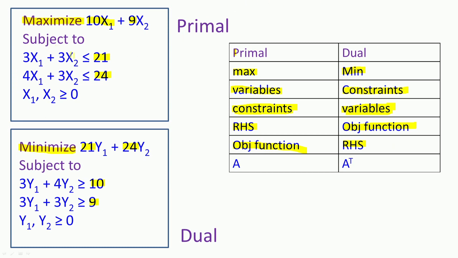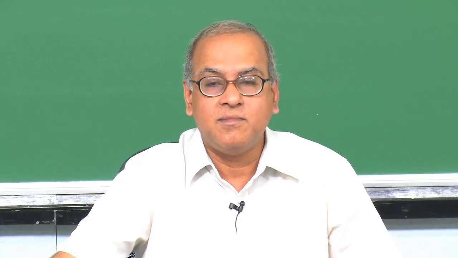Now the coefficient matrix, 3x1, 3x2, 4x1, 3x2: if this is represented in the form of a matrix, it becomes 3, 3, 4, 3, and we realize that for the dual it has become the transpose. So 3, 4 was the first column, and it becomes the first row 3, 4. 3, 3 is the second column, and that becomes the second row.